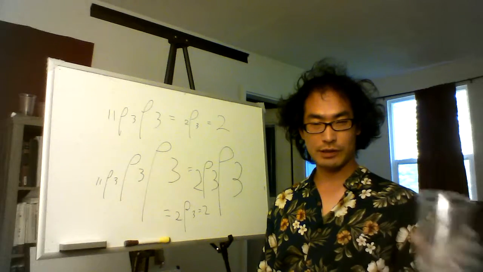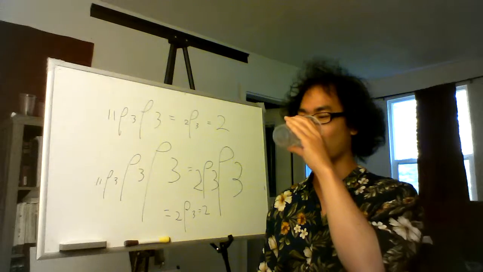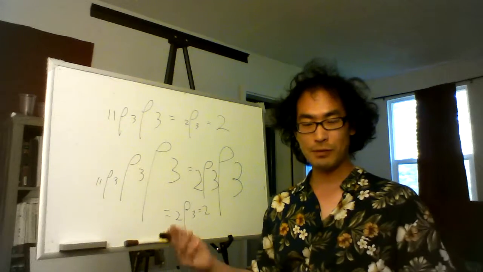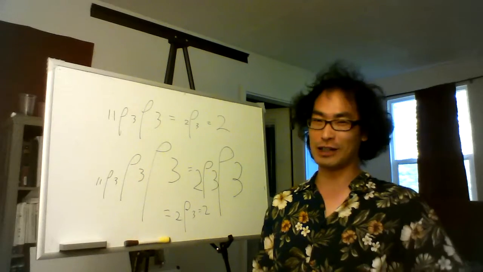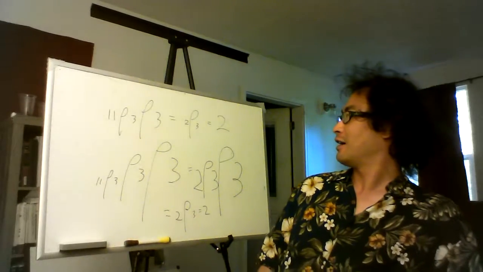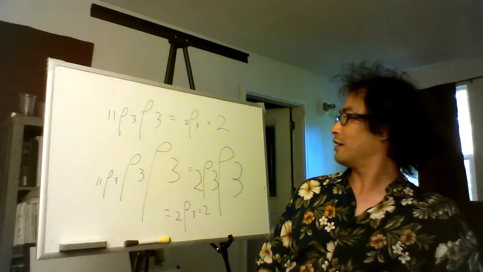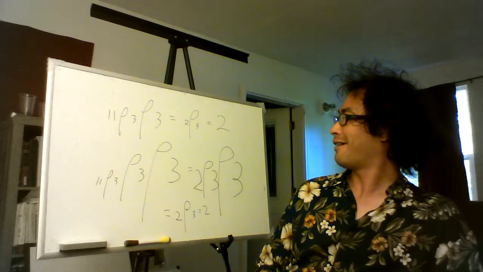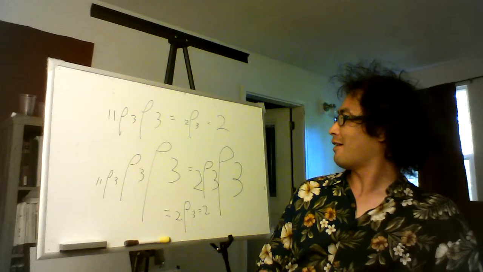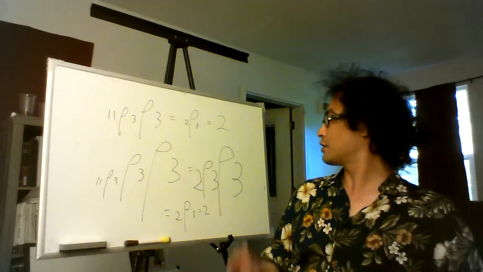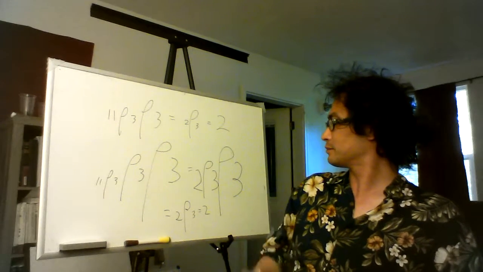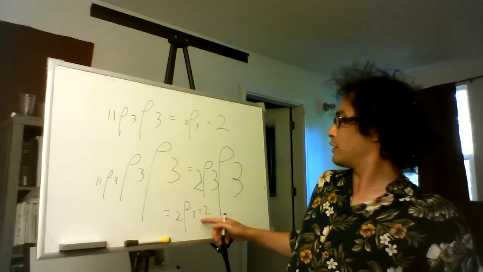We need to prove this yet, because we may discover something new. Okay. When we try to prove this thing, it's kind of recursive, right? 2 row 3 is equal to 2.